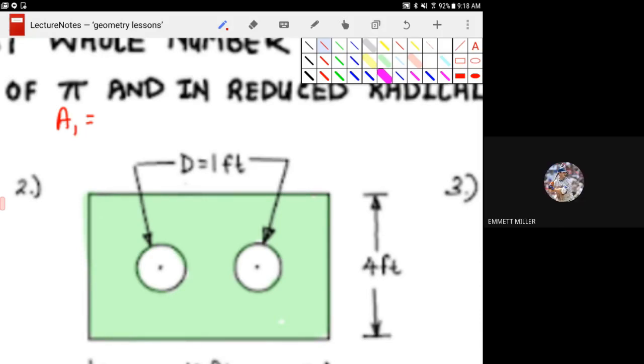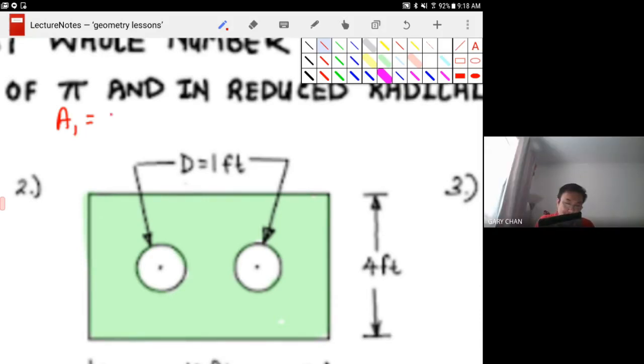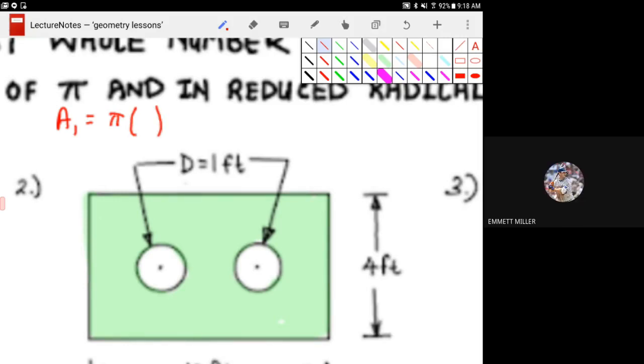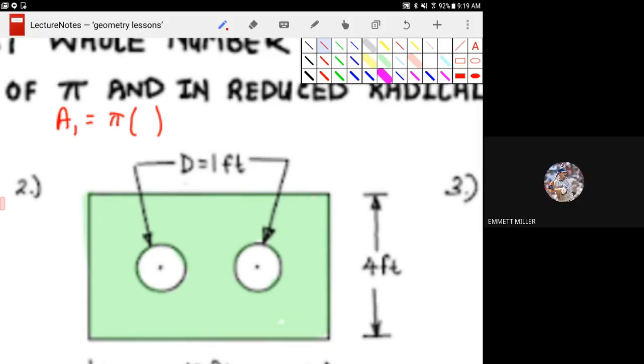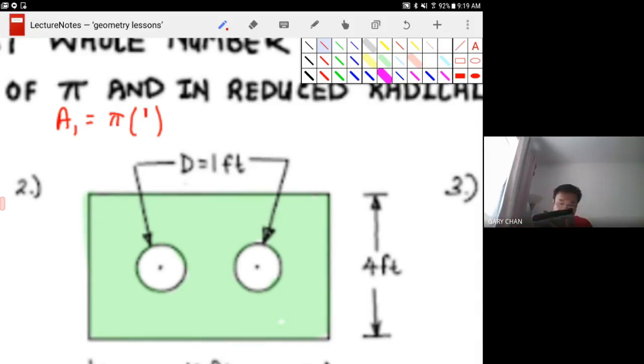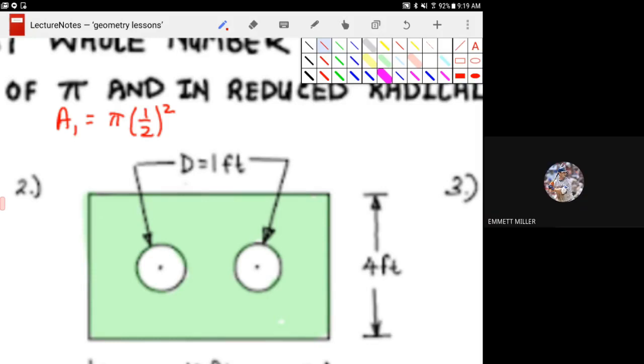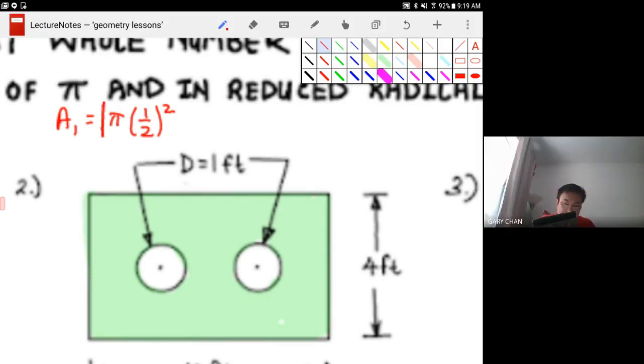Yeah. So the area of the circle will be pi r squared. What's the radius? I don't think it will be pi, because isn't it 0.25 pi plus 0.25 pi? Well, what's the radius of the circle? 1/2. So we got to square it, then multiply. 1/4.